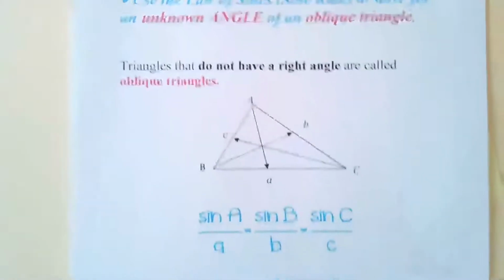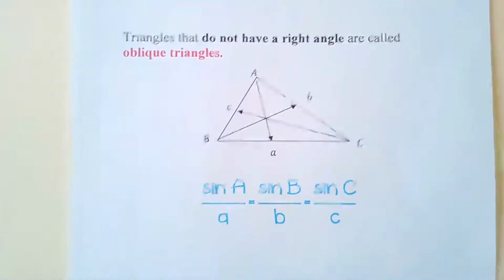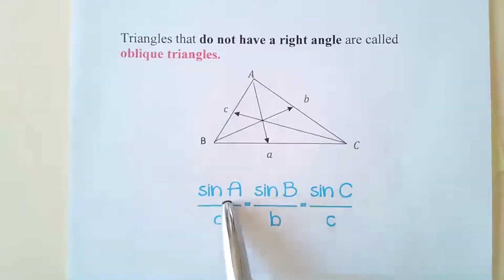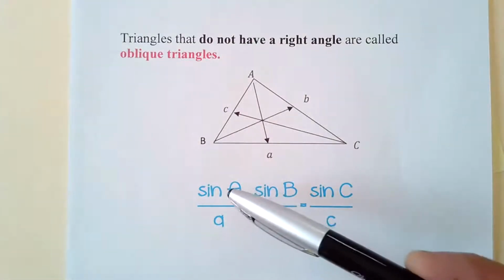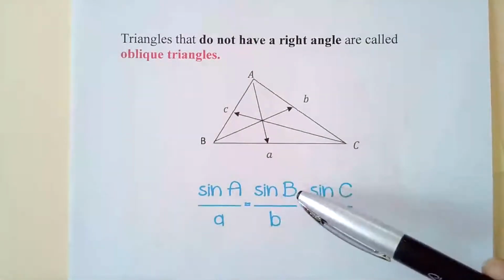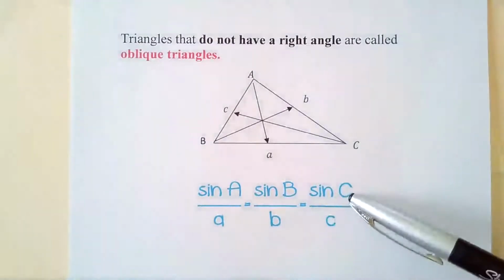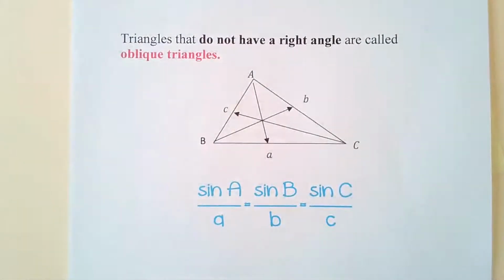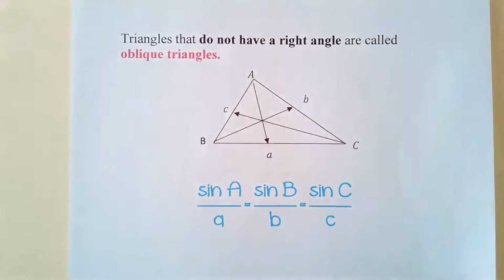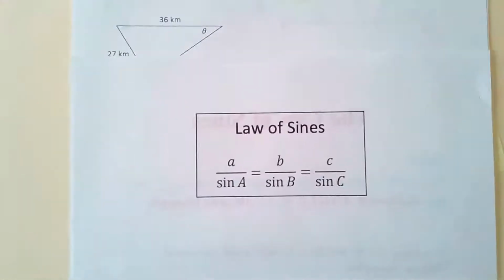And the law of sines can be written in this form: sine angle A over side A, sine angle B over side B, sine angle C over side C. That's angle A over side A, angle B over side B, or angle C over side C. It could also be written in a different form.